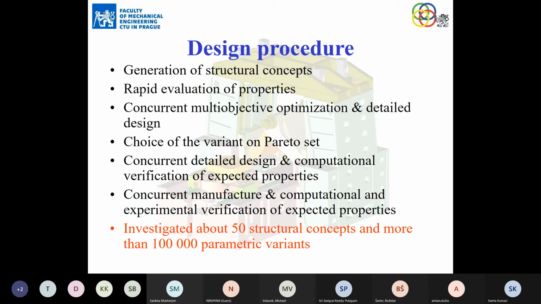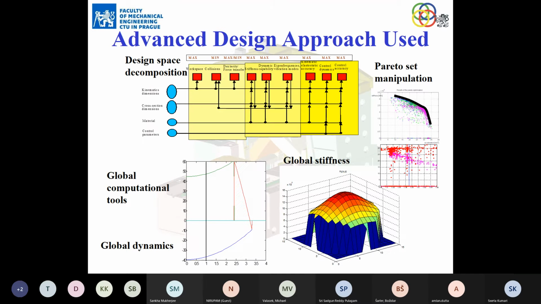I would stress here only that above 50 structural concepts or sub-concepts of the previous main conceptual variants were investigated, and more than 100,000 parametric variants. In order to compute, for example, this Pareto set for some variant, it was maybe only 30,000 variants, and we were capable of computing that in about 3-4 hours.